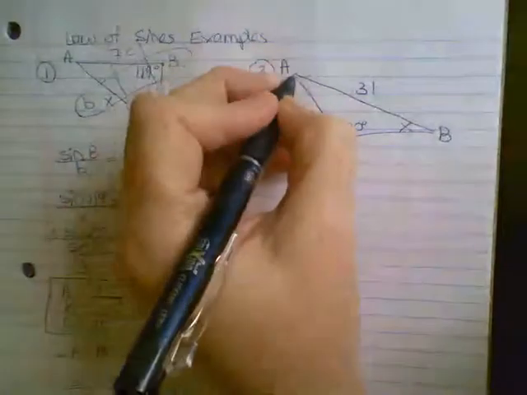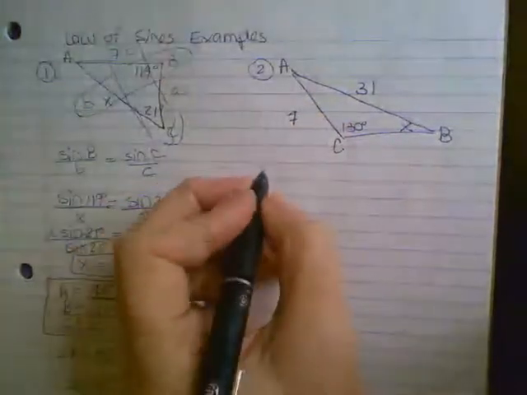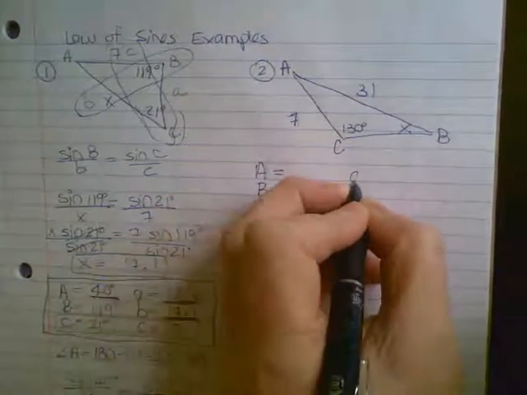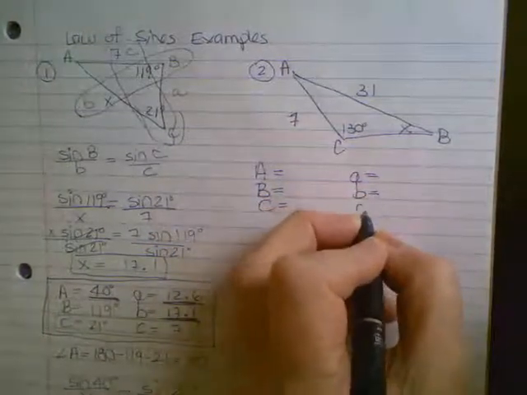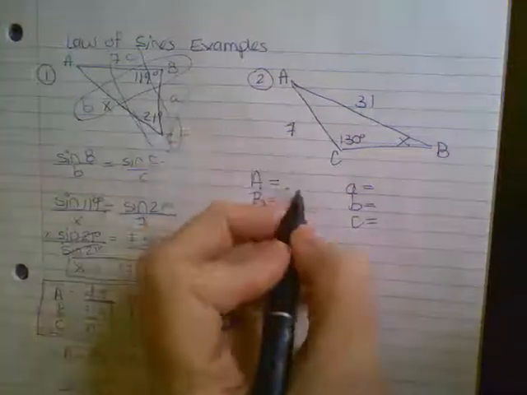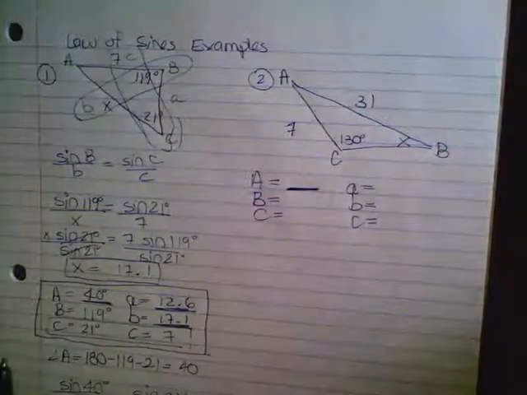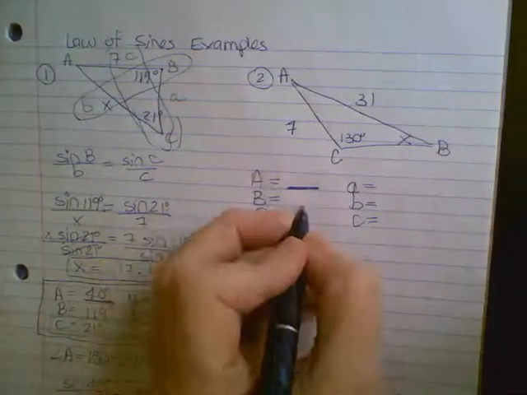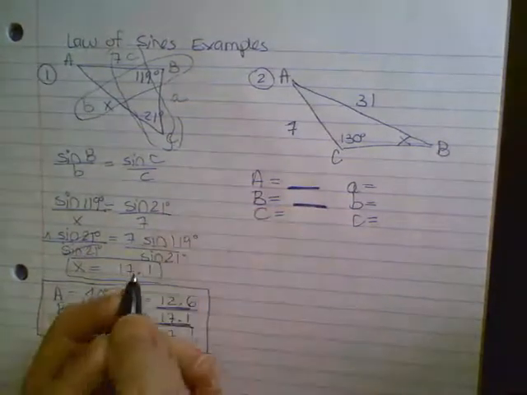So I'm going to say solve the triangle again. I'm just going to go ahead and write down everything that I know, and then I can visually see how this is going to work. Angle A, don't know. I put a line to tell me what I'm solving for. Angle B is x. Okay, so I need to find that one.